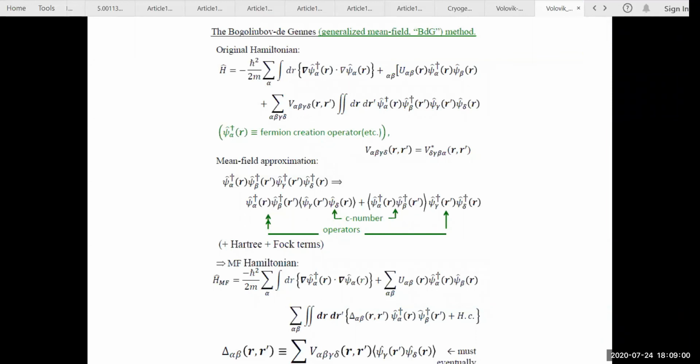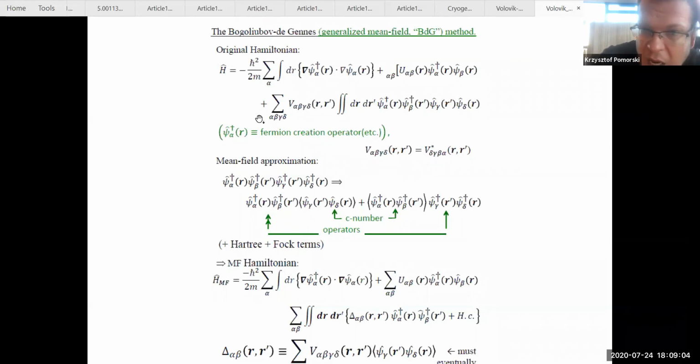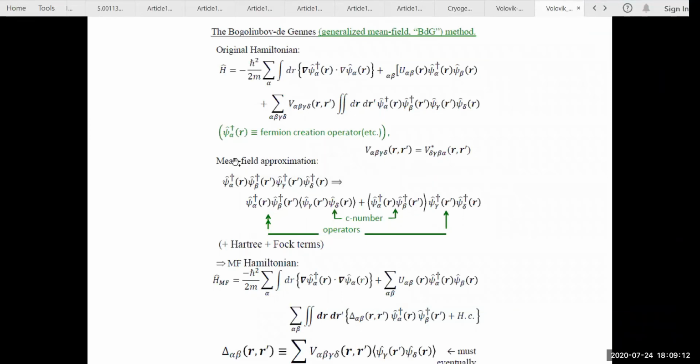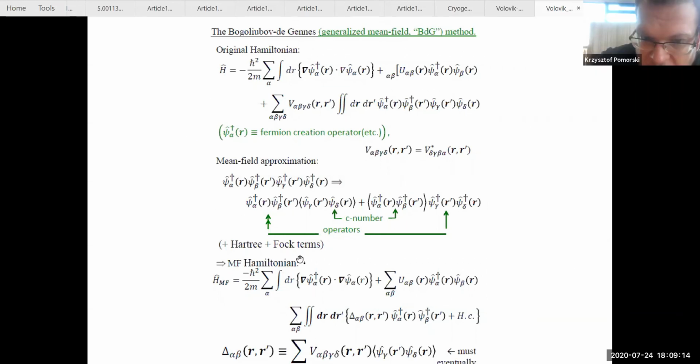This is essentially this level of description. So we have such a situation as here. There are two creators and two annihilators.